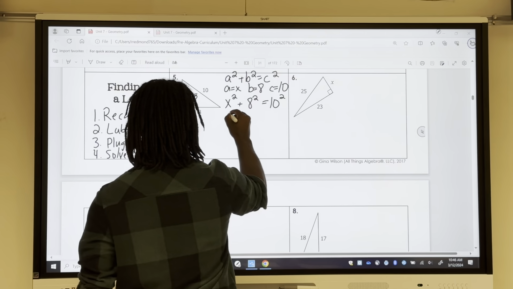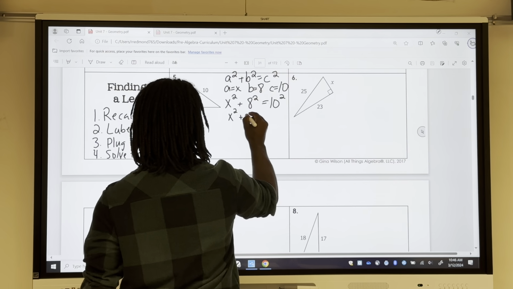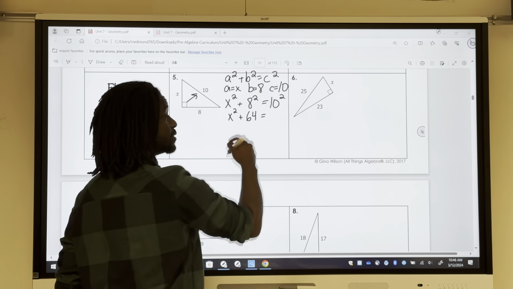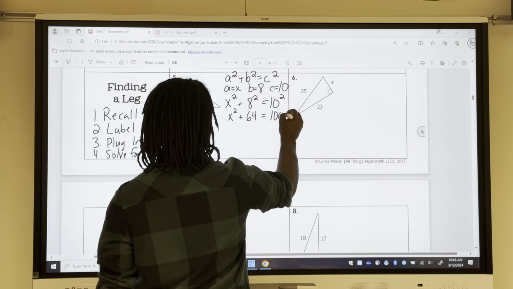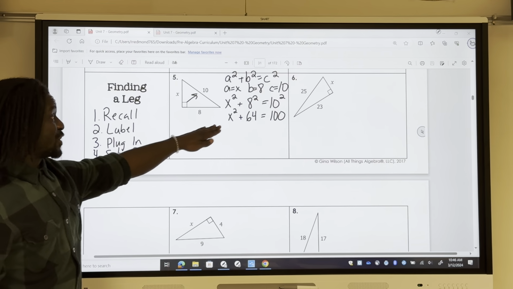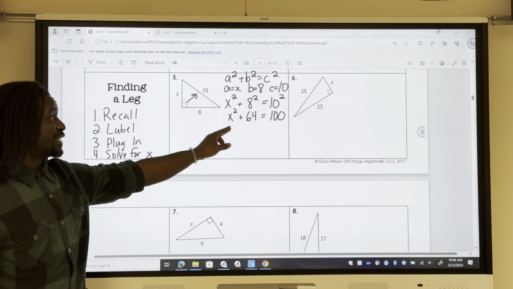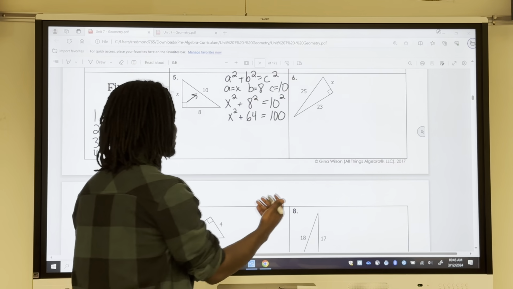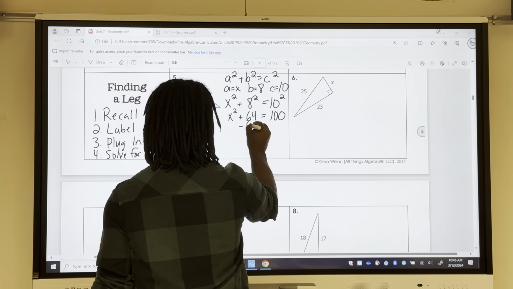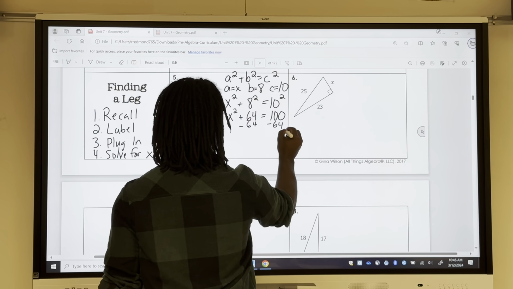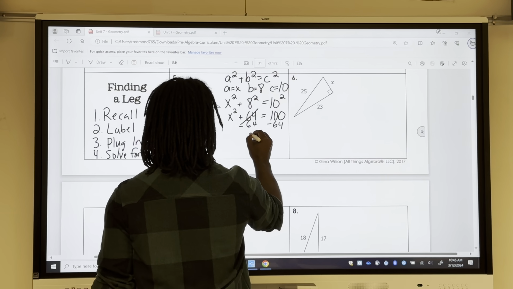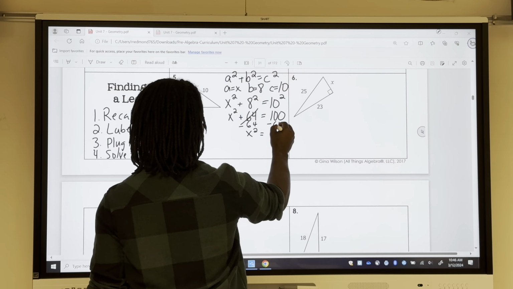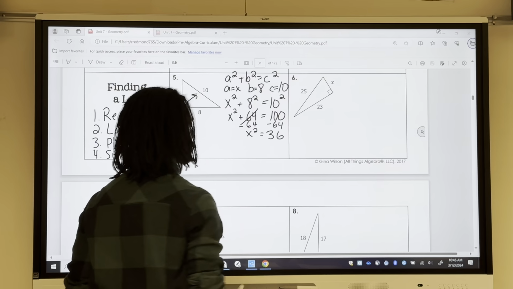We're going to square these. We got x squared plus 8 squared is 64. 10 squared is 100. Now to solve for the x, I just have to move this 64 over to the other side. I do that by doing the inverse operation. So minus 64, minus 64. The 64s cancel, leaving me with x squared equals 100 minus 64 is 36.